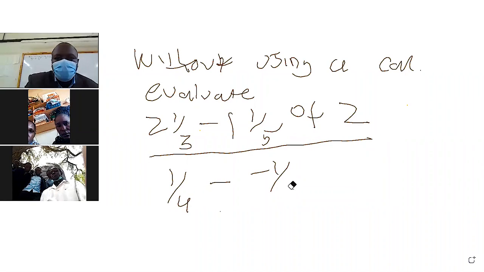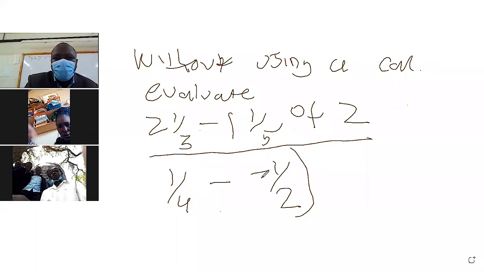Without using a calculator, negative a half cubed.